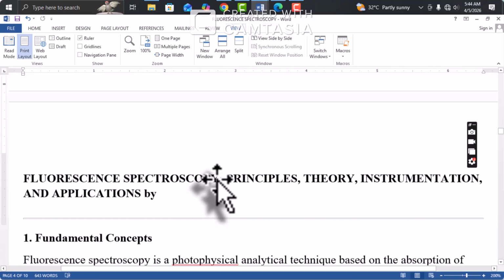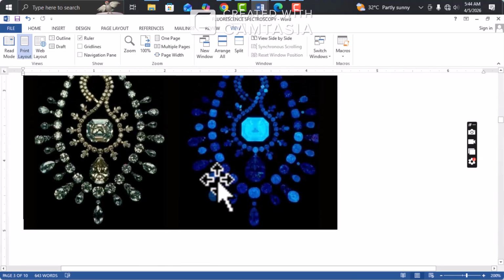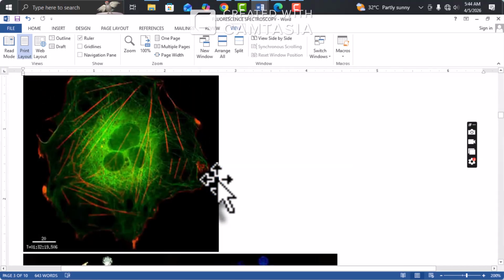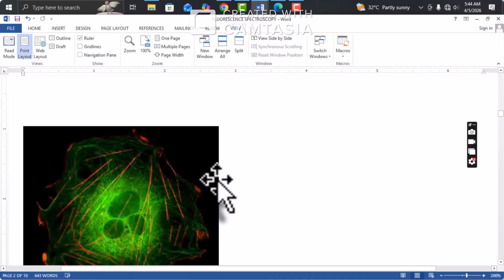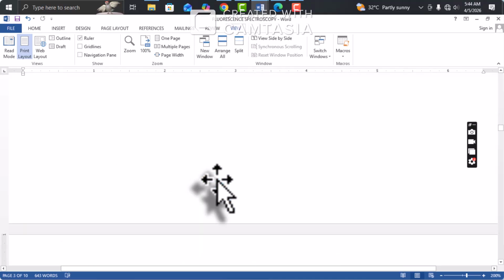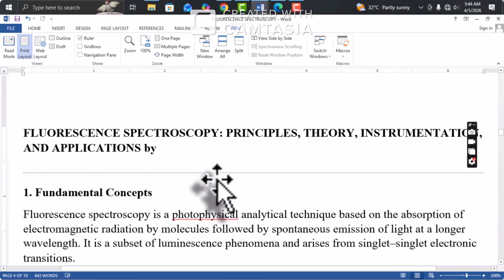Now that you understand what fluorescence is, we can move on to fluorescence spectroscopy. So what is fluorescence spectroscopy? Note that so many materials in nature are fluorescent, and they are used for so many applications that we are going to be talking about.